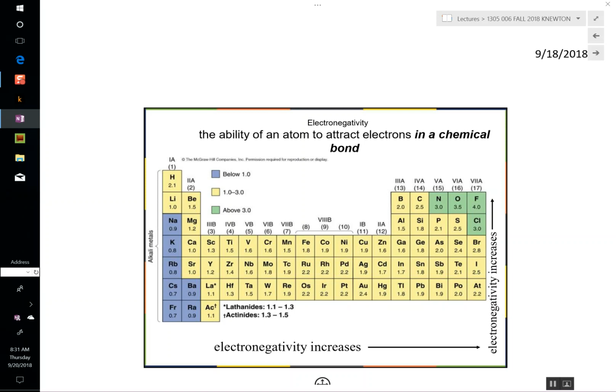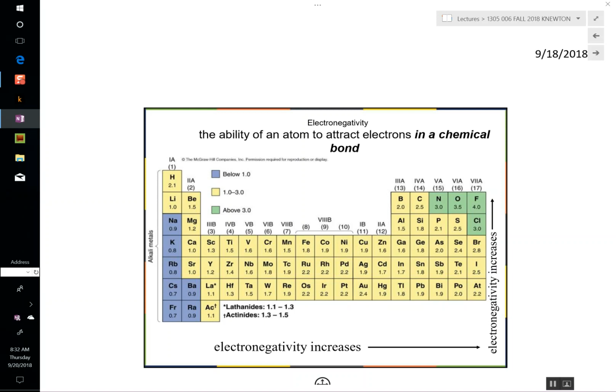This is a relative table that was put together looking at all the different behaviors that they knew about every one of these elements and rating them according to the strength with which they attracted electrons. So you see electronegativity, the ability of an atom to attract electrons in a chemical bond.